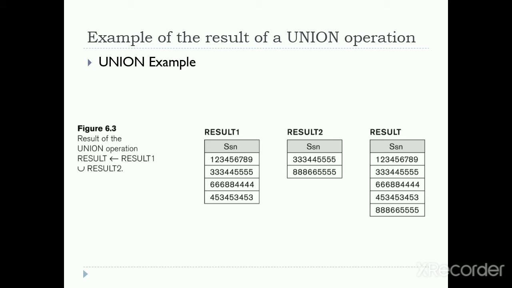Now when you take the union, it gives you the required result. The SSN values which are there in result 1 or result 2 or in both will appear in the result of the union operation.